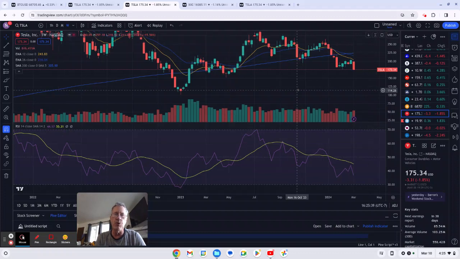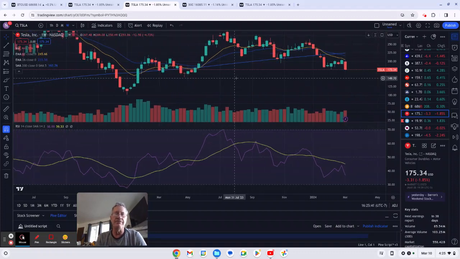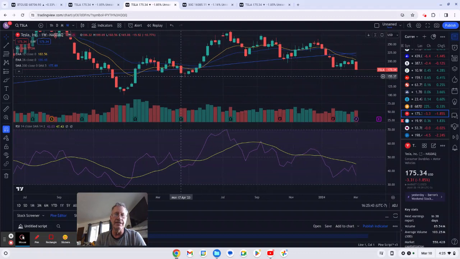Where is support? I wouldn't even really call this support, but the last monthly higher low was 152.37, which is right here. You have a little bit of action on those weeks, building the price back up and going up to that area. So that is all you have really as the next level, 152.37.